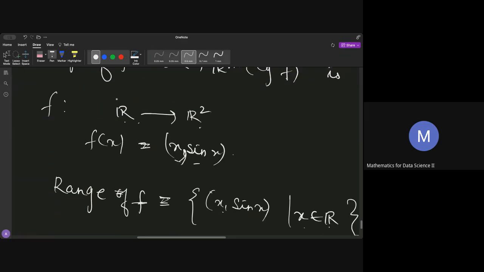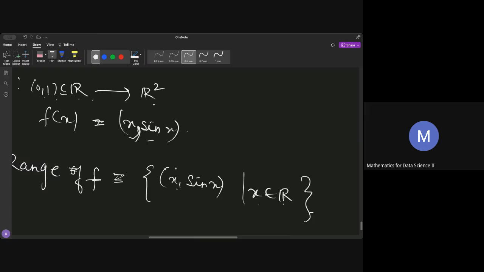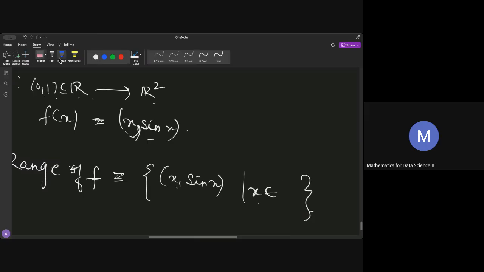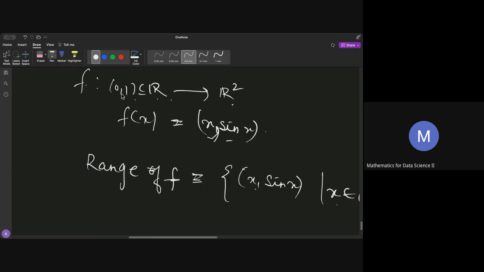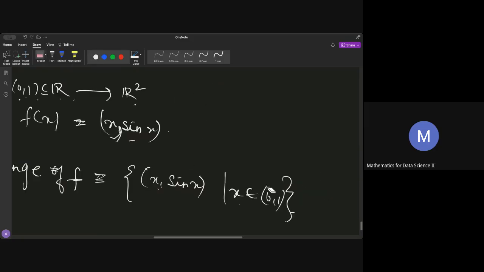Now, if I change it to, let's say, (0, 1) contained in R, if I'm saying the function is from (0, 1) to R2, then the range of f will be the collection of all the tuples of the kind (x, sin x), where x is coming from (0, 1), right? Because we have the domain here.